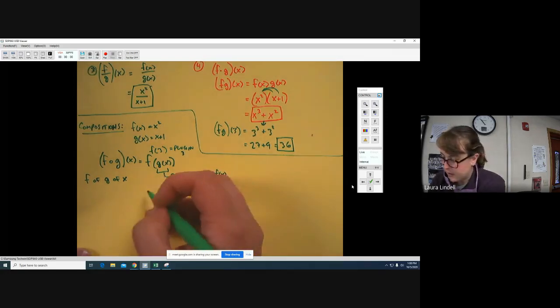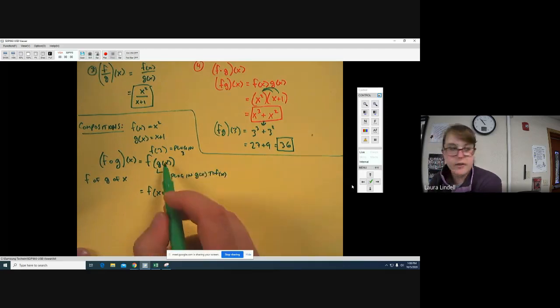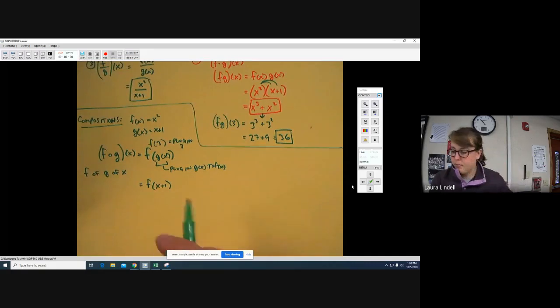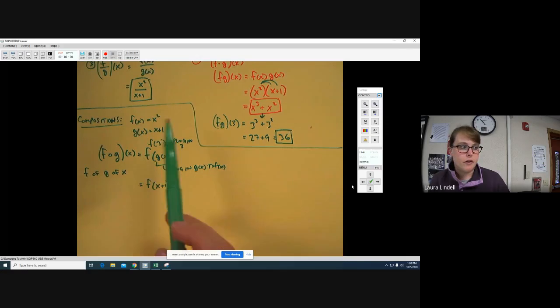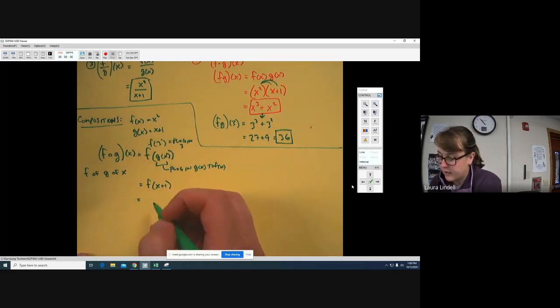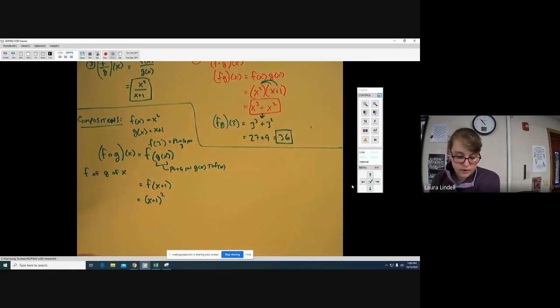So in this case, that's like telling us f of x plus 1, since g of x is x plus 1. So anywhere there's an x, I'm going to plug in x plus 1 into my f function. So since f of x is x squared, this would just be x plus 1 squared.